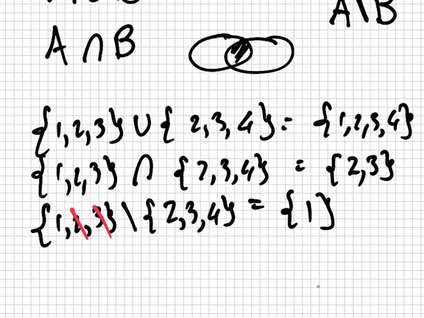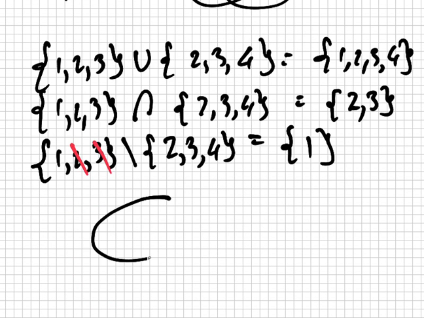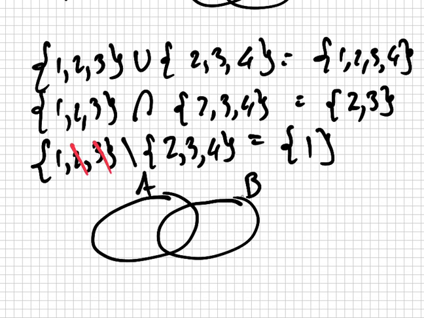So what would the diagram be for the exclusion? Here is A, here is B, and what you do is you have A, but then you remove what it shares with B. So actually that's it just there.